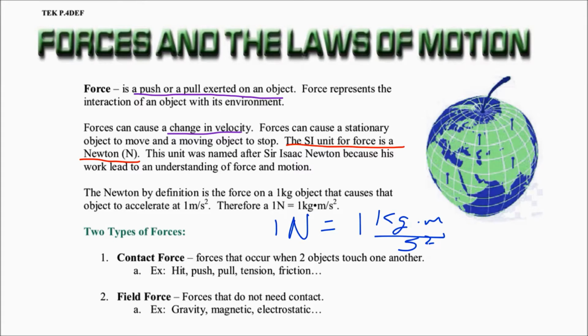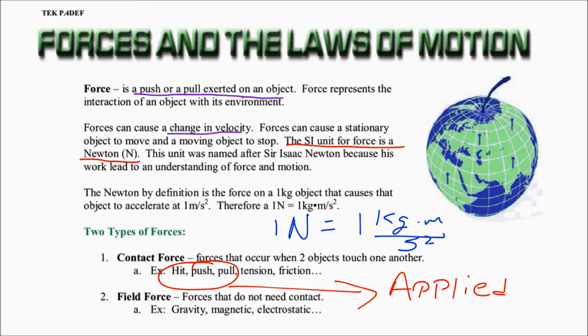Alright, there are two different kinds of forces. There are contact forces and field forces. Contact forces require the objects to touch each other, and field forces do not. So examples of contact forces are if something is being hit or pushed or pulled, and we often will group these things into what we call an applied force.